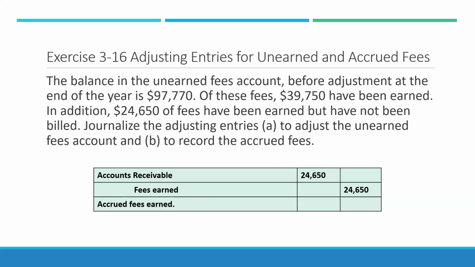In addition, not of those, 24,650 of fees have been earned but have not been billed. So in this case, since we now have 24,650 of fees earned but not billed, we're going to debit our asset, accounts receivable. Does that make sense?